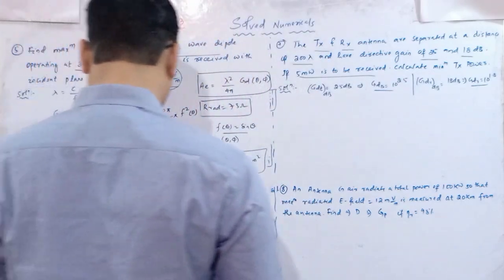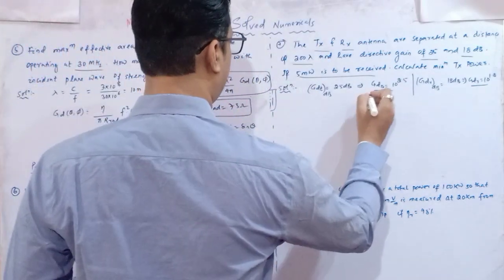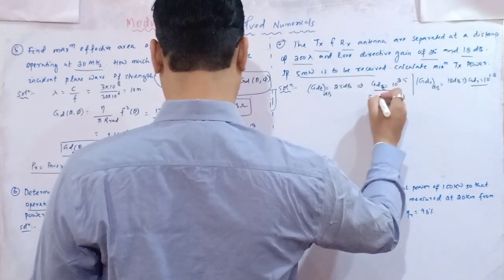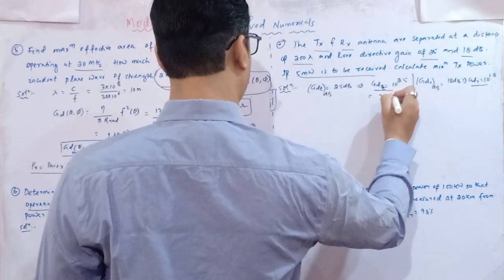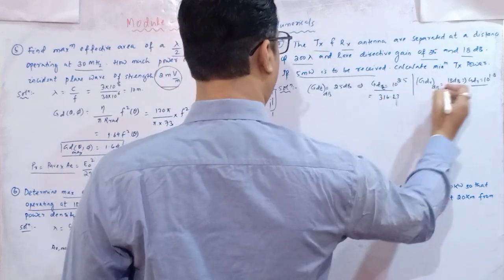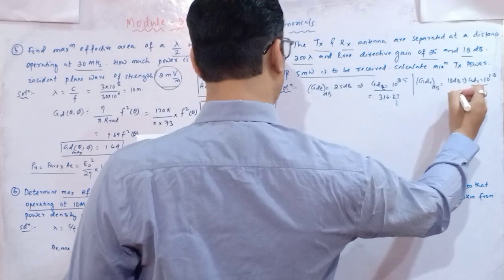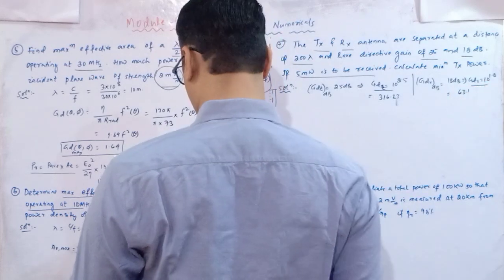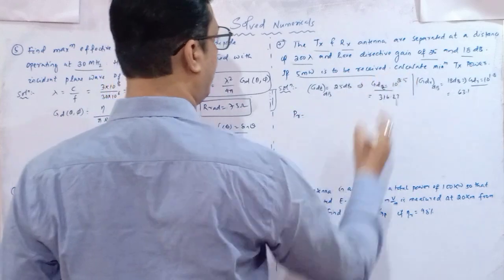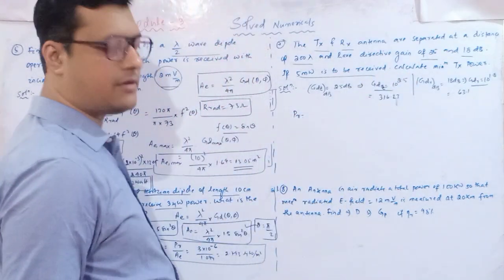Next, the GDT value is 316.23, and this GDR value is 63.1. Now using the Friis equation, we are going to determine the minimum transmitted power.